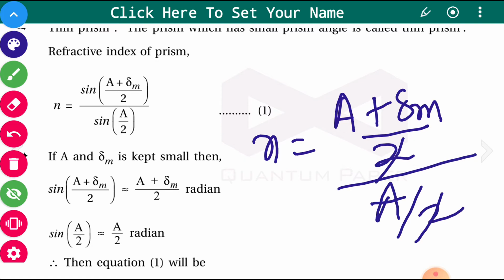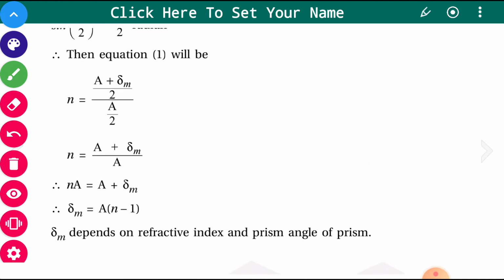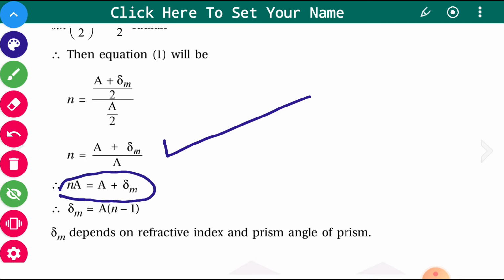So this will be cancelled out, and you will have n is equal to (A plus delta m) upon A. Now just cross multiply this A with n, so nA is equal to A plus delta m.